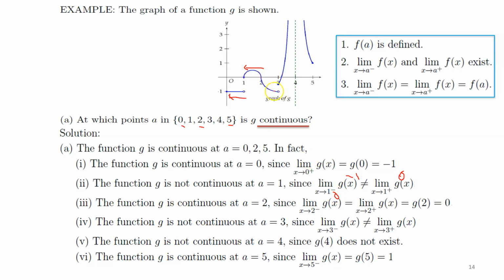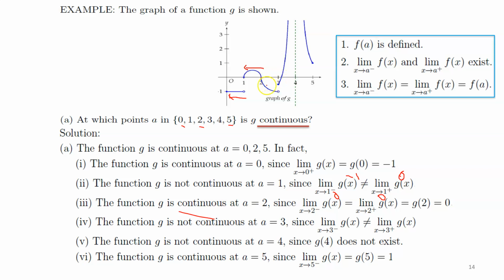So from the right, this curve, dia datang ke sini, then dia menghampiri, also 0. Okay, so 0, 0. The answer from left and right are the same. That's why it is continuous.